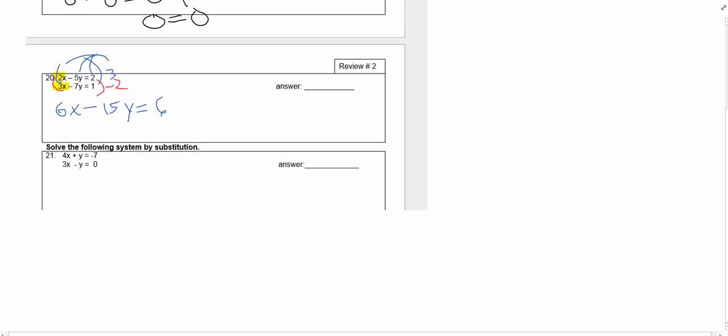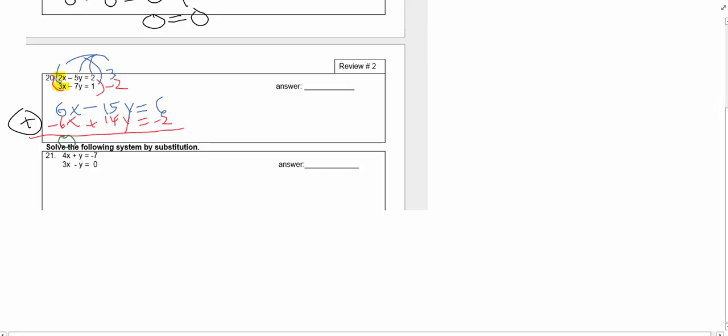And then in red we'd have a negative 6x. Negative times negative 7 would be 14. And then we have negative 2. And then if we add these two quantities together, the result would be 0.